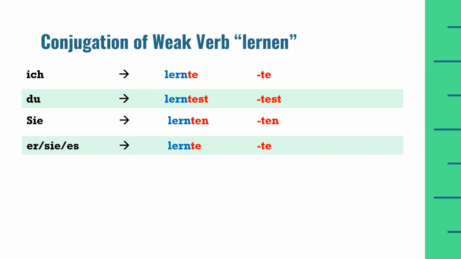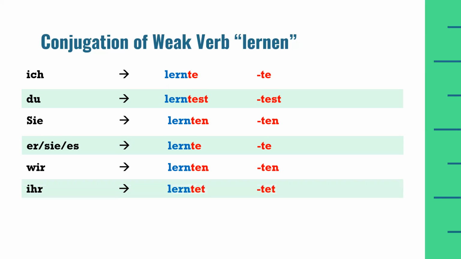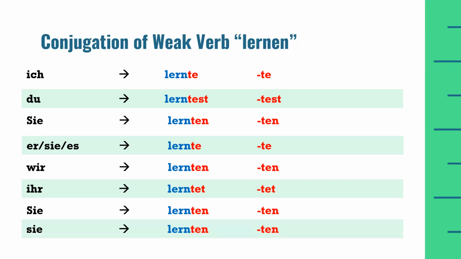Er, sie, es lernte. Wir lernten, we learned. Ihr lerntet, you people learned. Sie lernten, again you people, but in case of formal. Sie lernten, they learned. So these are different forms of lernen in past tense.